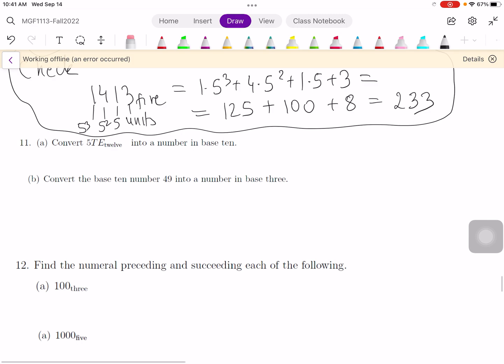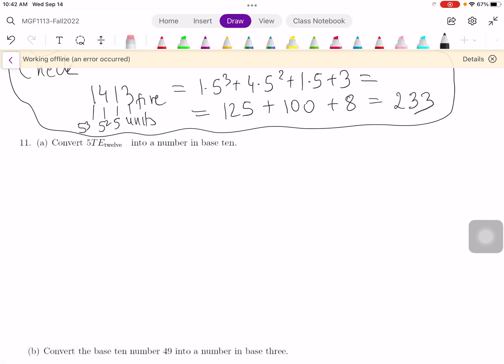Okay, and let's do this problem one more time, this time using base 12. The only thing is that in every base we use as many digits as 1 less than the base. So for example, in base 10, I use digits 0, 1, 2 up to 9. In base 5, I use digits 0, 1, 2, 3, 4.